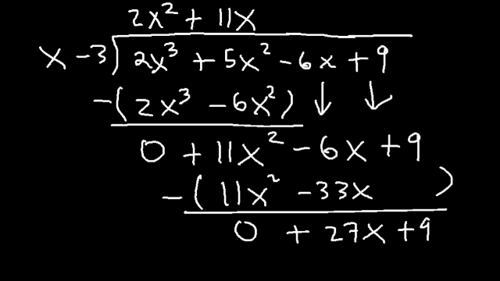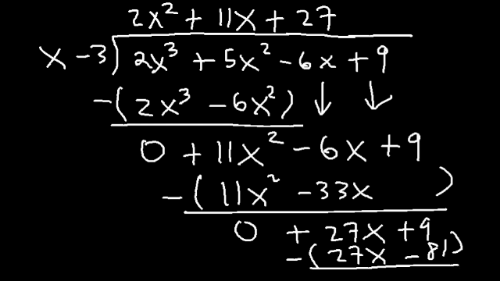And now let's divide again. 27x divided by x is 27. And so now let's multiply. 27 times x is 27x. 27 times negative 3 is negative 81. So if we subtract, 27x minus 27x is 0. 9 minus negative 81, that's 9 plus 81, so that's 90.